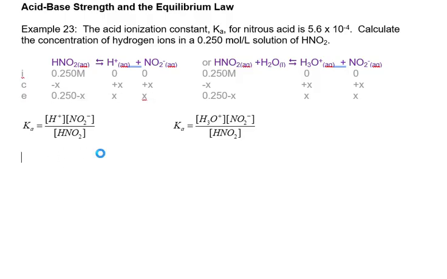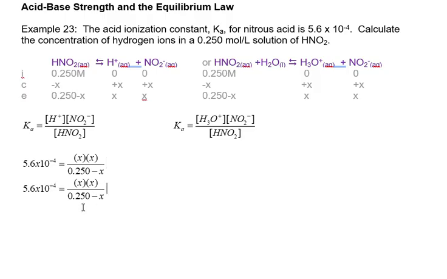So either version, we end up with that Ka constant, 5.6 times 10 to the minus 4, which is just our equilibrium constant. The A is just indicating that it's for an acid. And then we have our concentrations that we put in there. And so then it's a matter of solving this equation.